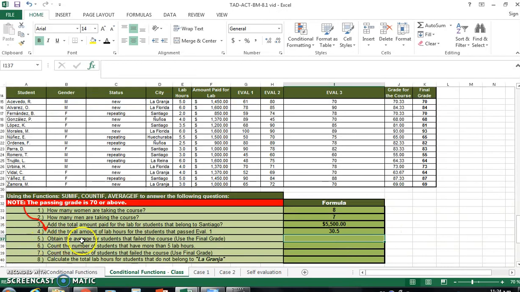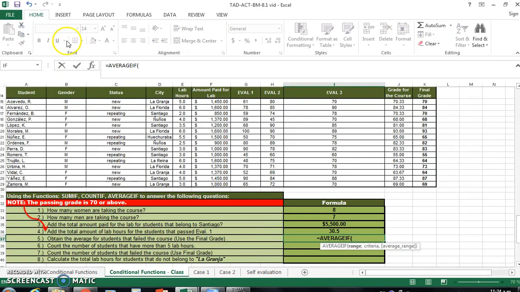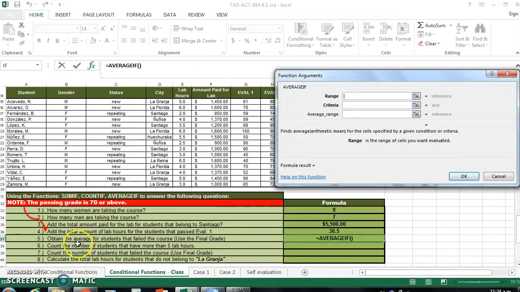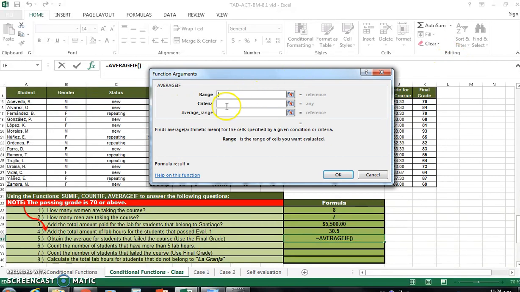We need to obtain the average, meaning equals AVERAGEIF. So, for students that fail the course, use the final grade. That means our VIPs in this case are determined by the final grade, the ones who fail. And also, they are asking us to get the average of the same thing.